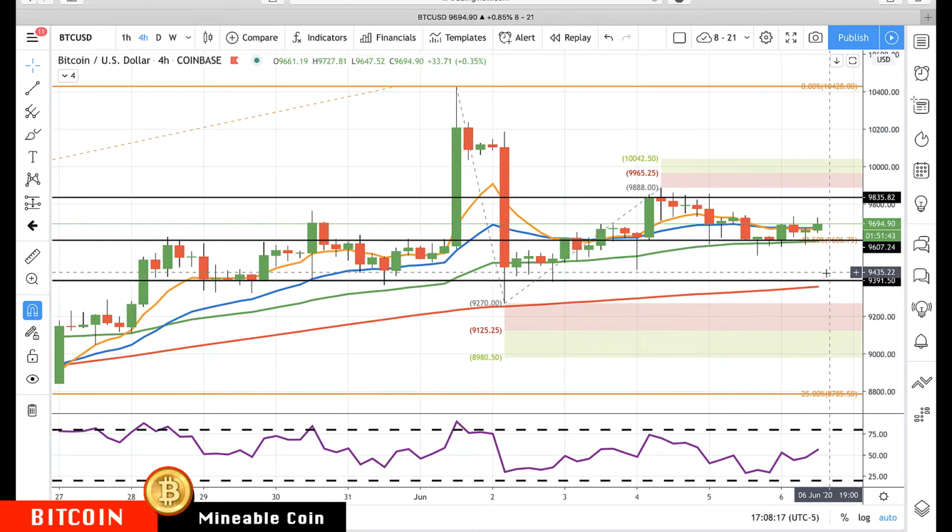So below that 9600, then we'll be watching for 9400 to about 9360 with the rising 200, and that's the 200 simple. Then below that we have 9125 and 8980. These numbers might be slightly different because I'm now following it on Coinbase, Bitcoin US dollar on Coinbase.